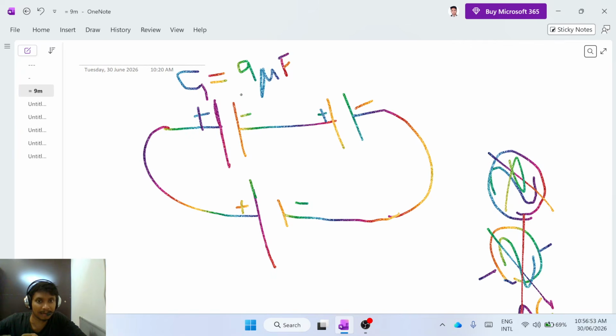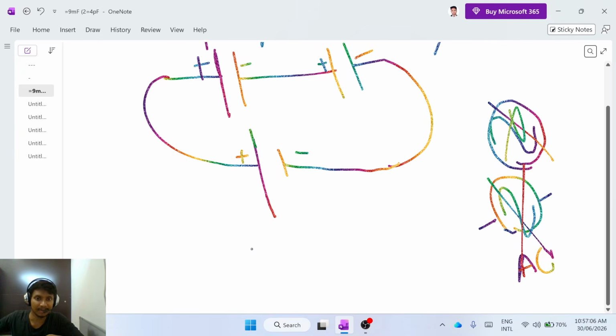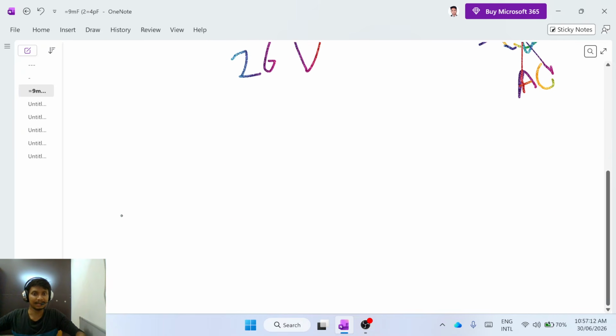C2 is equal to 4 microfarad according to the given data. Now what's the voltage? The DC voltage is 26 volts. Therefore we have drawn the initial stage.